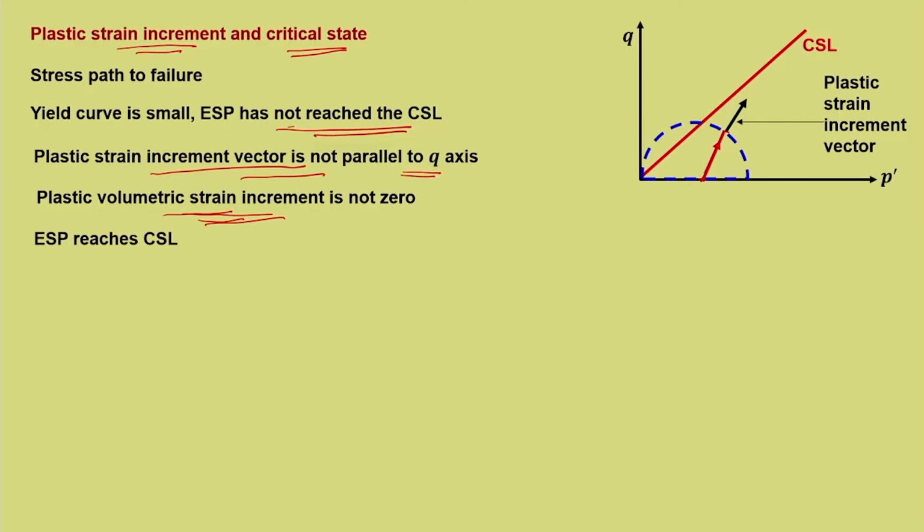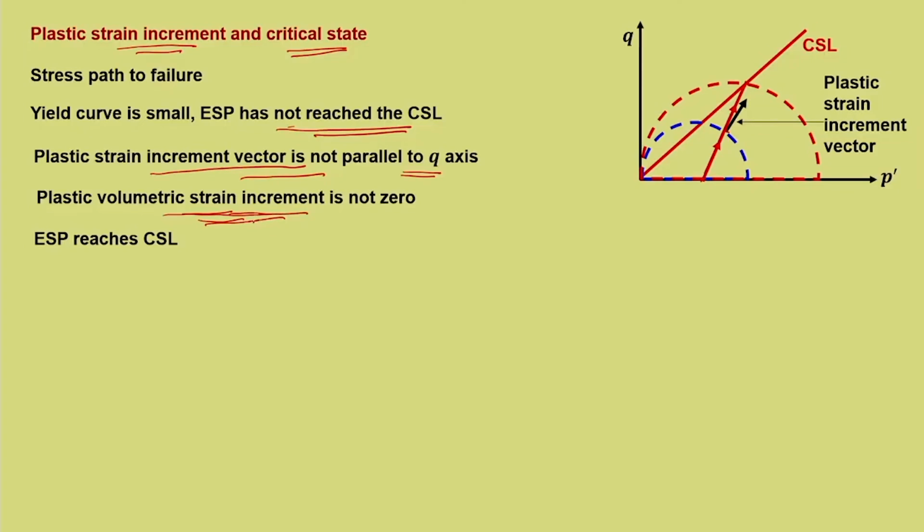Now, let us say the ESP reaches the critical state line. So, this is the condition, and that is defined by the elliptical yield curve. Now, at this particular point, you cannot further increase the yield curve.